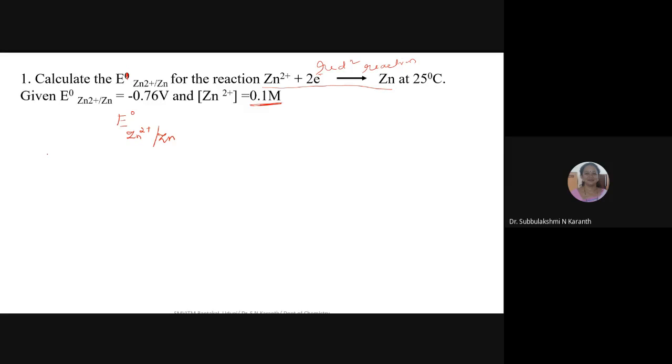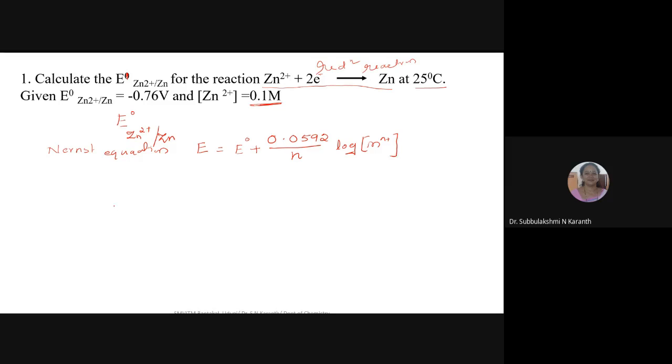First, I'll take the Nernst equation for a single electrode potential. I know E equals E naught plus, here they mention 25 degrees Celsius, so directly I can take 0.059, in some books you can observe 0.0592, in some books 0.0591, divided by n, log concentration of Mn+.